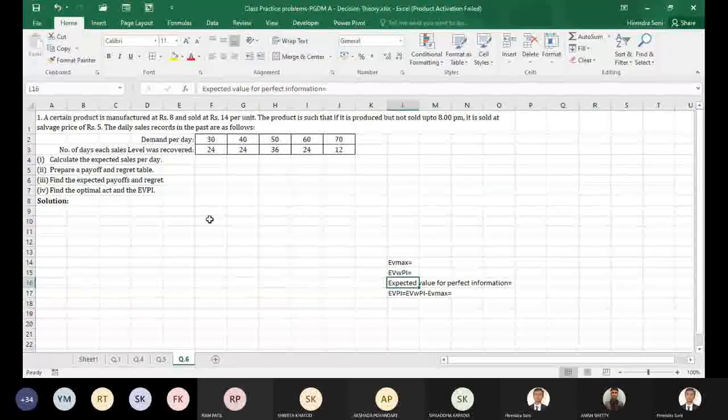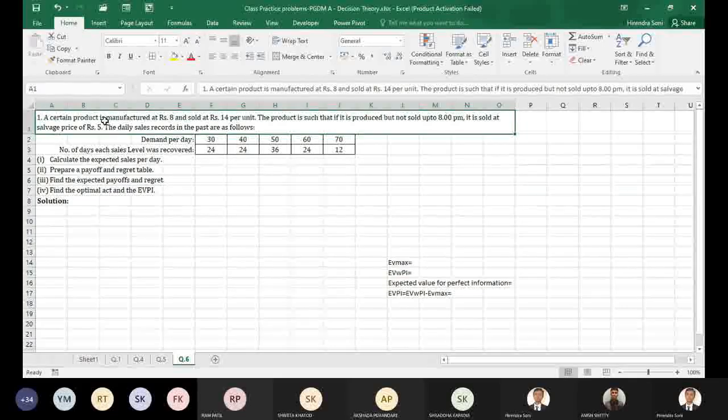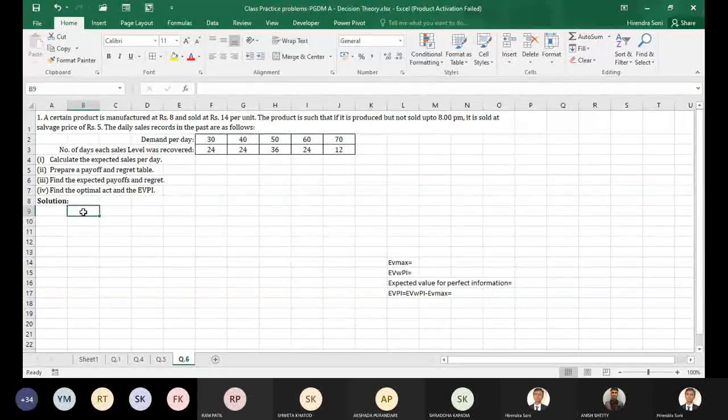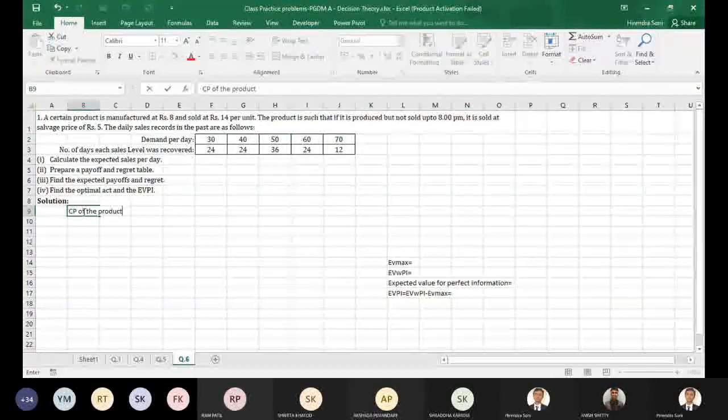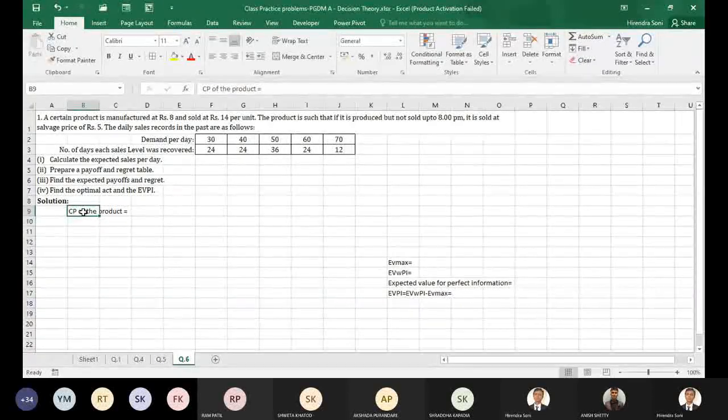कैसे करेंगे? Let's first pick up the information that is available to us. A certain product is manufactured at rupees 8 and sold at rupees 14. So cost price of the product is equal to 8 rupees.